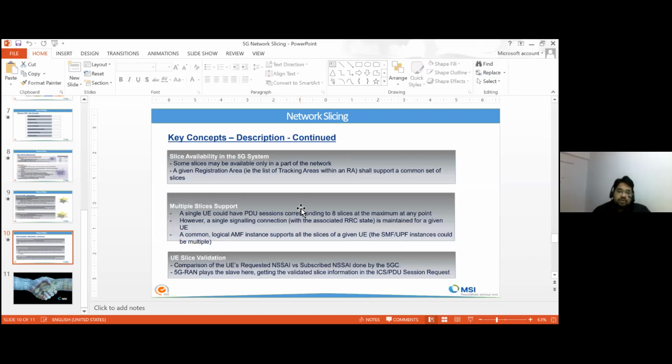With network slicing, the operator will support different 5G use cases, different business entities, and different users as well, right? But with quality of service, or QoS, the operator was limited to some kind of mobile broadband use cases only. So network slicing provides the benefit of business use cases as well as some other technical advantages to the operator.